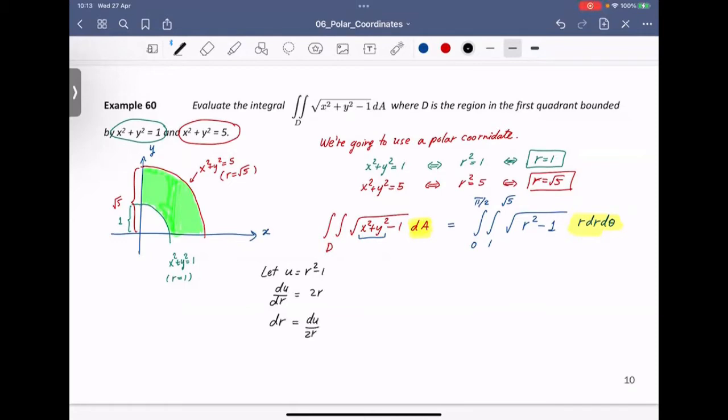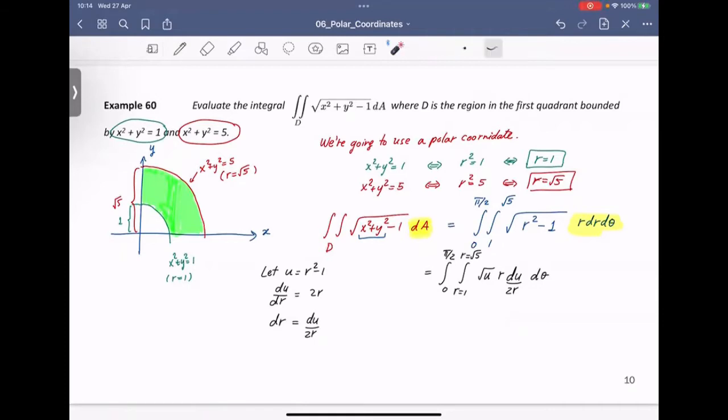So I'm doing this very slowly. It becomes the integral from 0 to pi over 2 of the integral of square root of u, that is u already, and then r. So dr is going to be du over 2r, and then d theta. This one has r equal to 1 to r equal to square root 5.